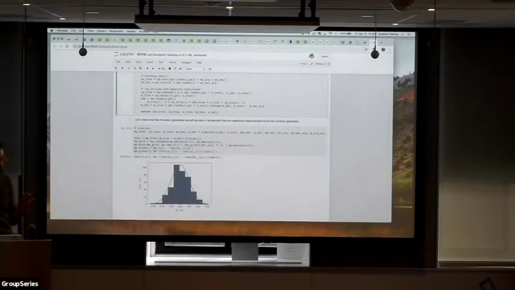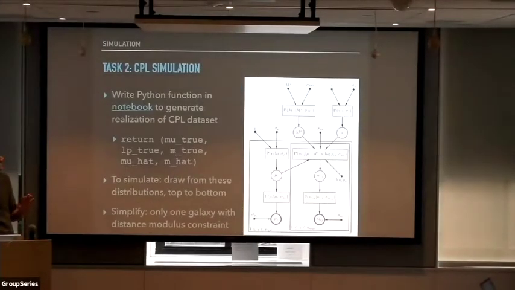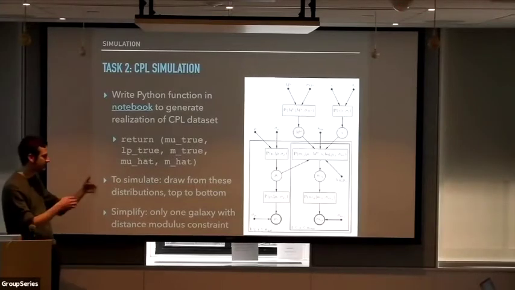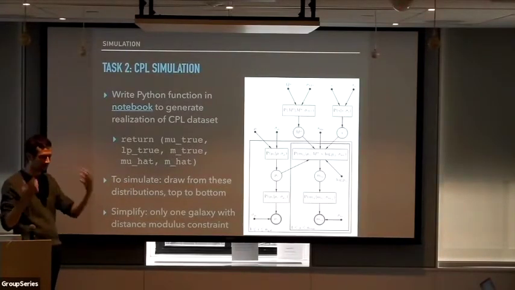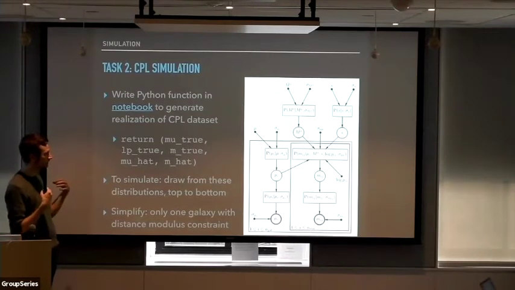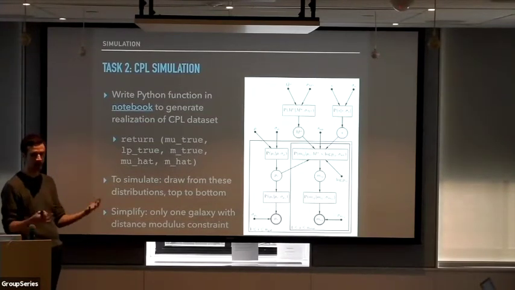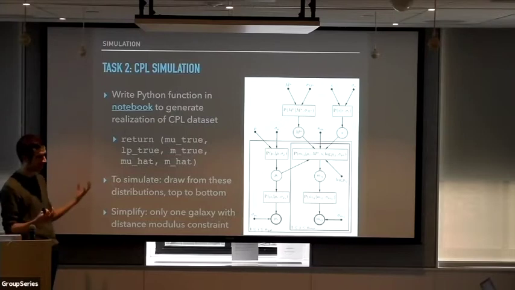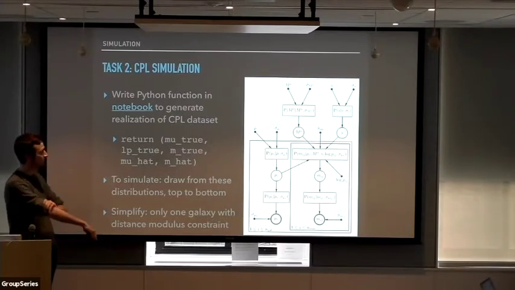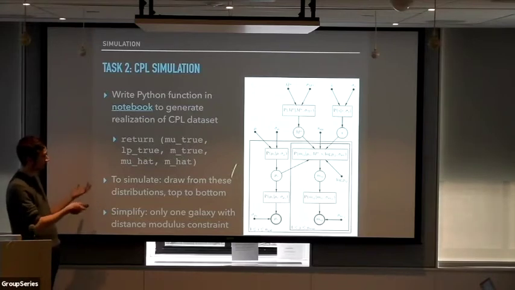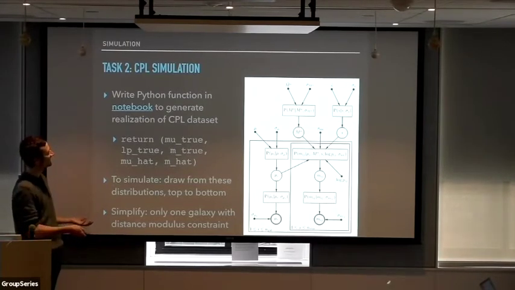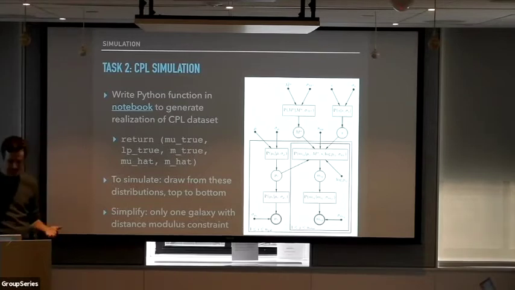Let me just go back to these. What I've tried to show you today is how to encode the inherent hierarchical structure of astrophysical problems into these network diagrams, showed you how to interpret them and maybe draw and construct them yourself, and then showed you how, if you set up the task properly, it allows you to simulate from your data set.